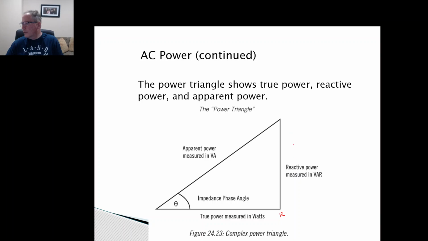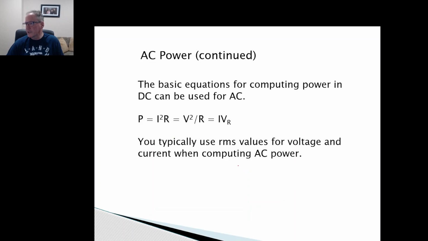The reactive power is from the reactance, which is either the capacitive reactance or the inductive reactance. And then the apparent power is from the impedance. All right? So it's important, and then here's our angle theta again. So the same right triangle that we've been talking about in just about everything is part of the power calculations.